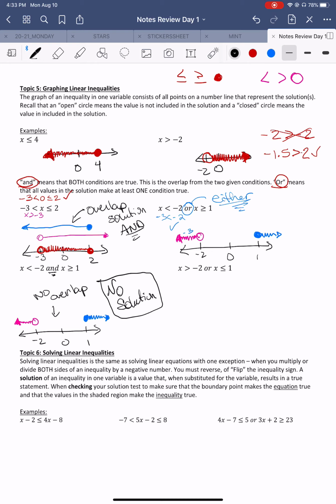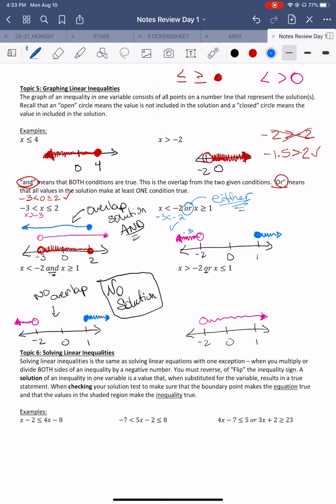And finally, x is greater than -2 or x is less than or equal to 1. So here's my number line, -2, 0, 1. We're going to start by graphing x is greater than -2, open circle, everything to the right.